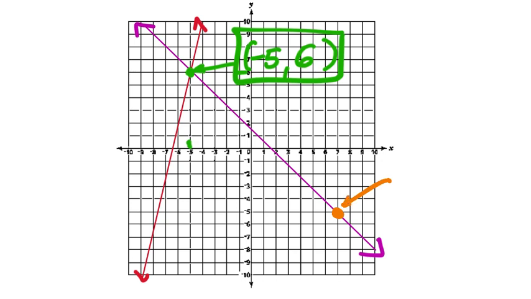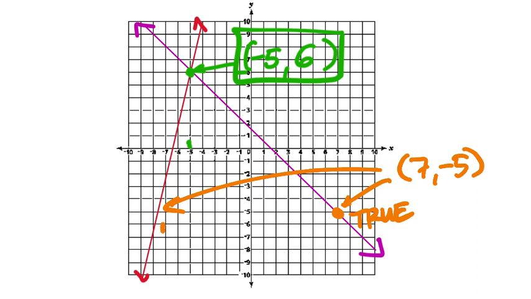So this ordered pair that I have in orange there, which is 7, -5, it would make the purple line true because it's actually on that purple line. But see how it's not on the red line right here, right? So that would mean that it would make the equation from the red line false, okay? But only the green point would make it true for the purple and true for the red as well, okay? So it has to be true for both.